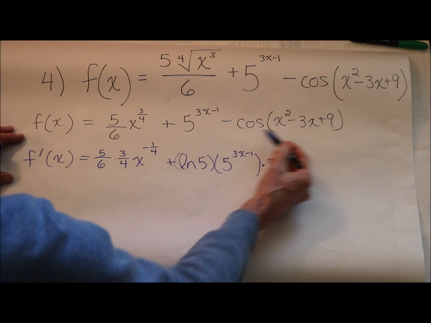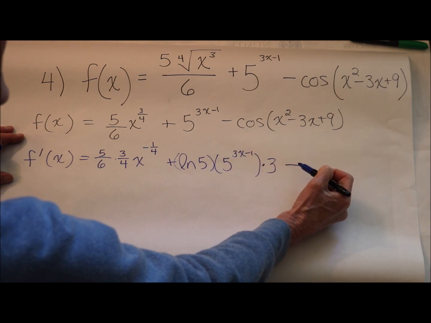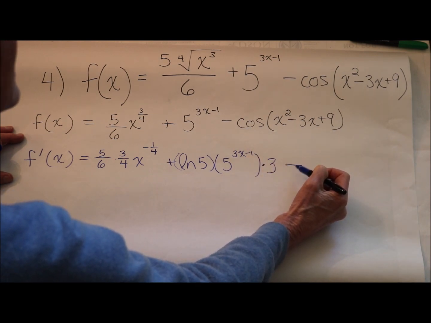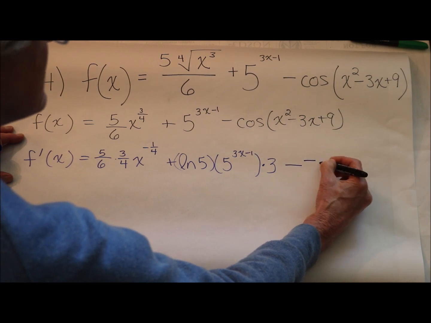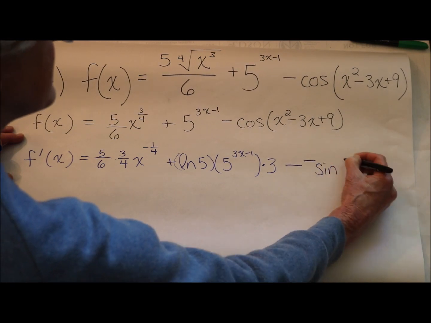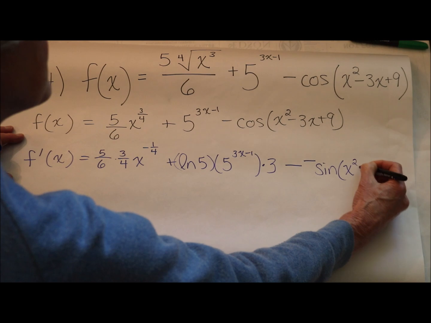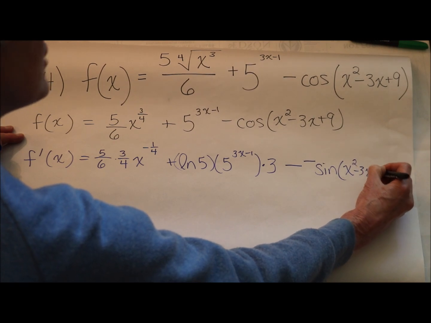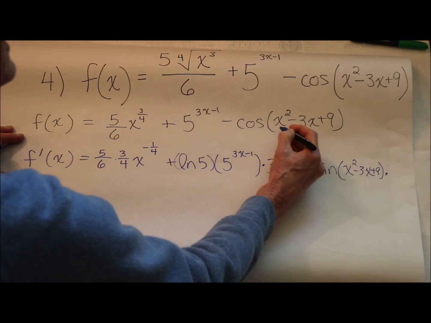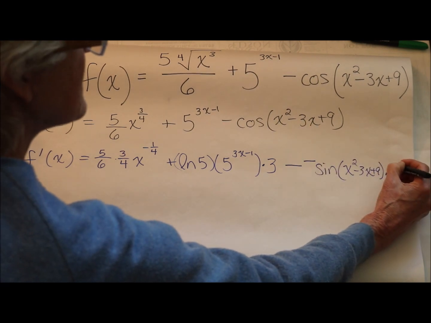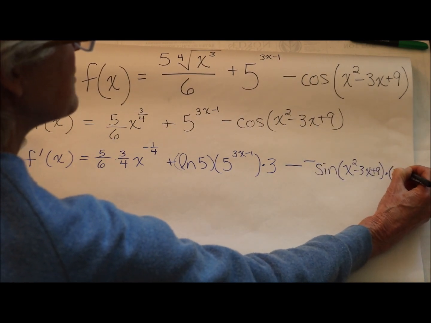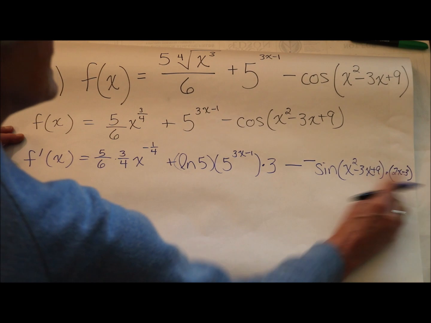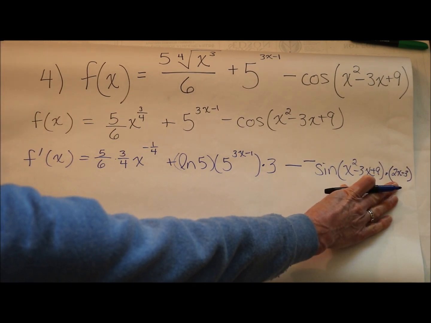And last but not least, the derivative of cosine of something is negative sine, so that's going to be minus a negative sine of that. And then chain rule times the derivative of the inside of that. I'm running out of room, but that's going to be 2x minus 3, and you definitely need parentheses there.